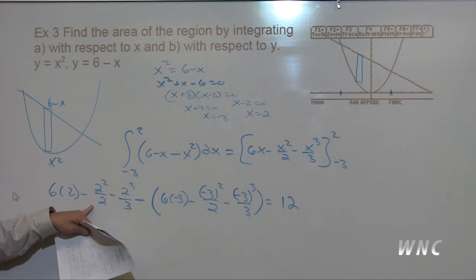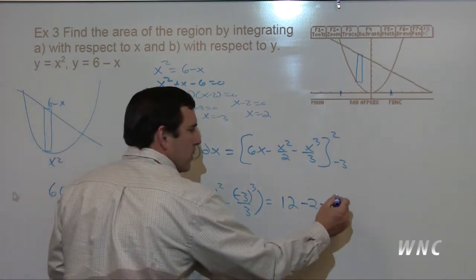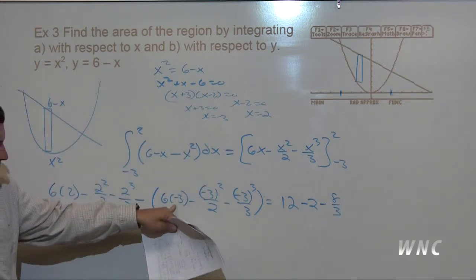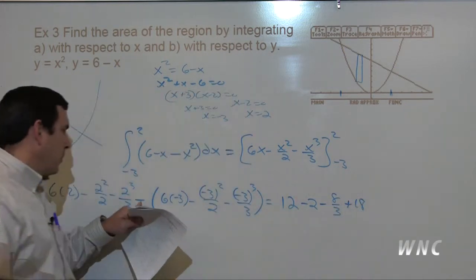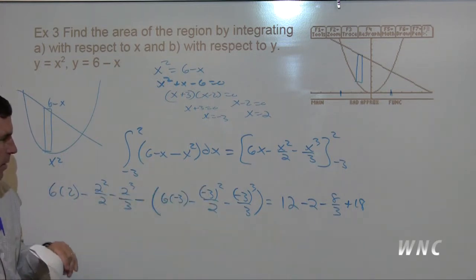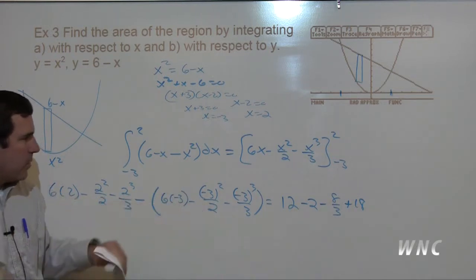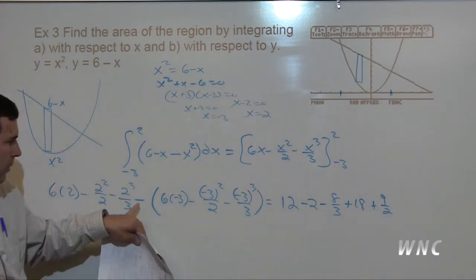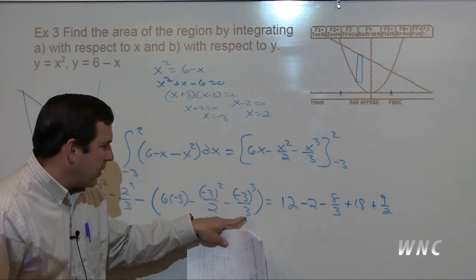We have 4 over 2 is 2, so minus 2. Then we have 8/3, so minus 8/3. We have 6 times negative 3, that's a negative 18, so minus a negative is plus 18. Negative 3 squared is 9, so minus negative 9 halves, so plus 9 halves. And we have minus a negative of a negative, so that's 27/3 or 9.